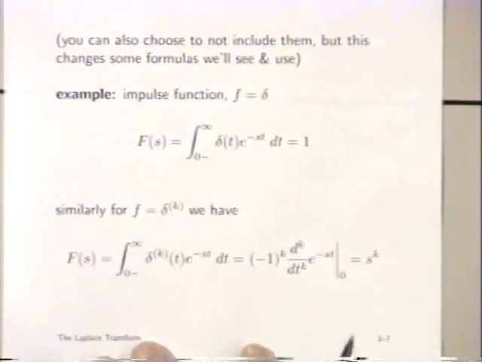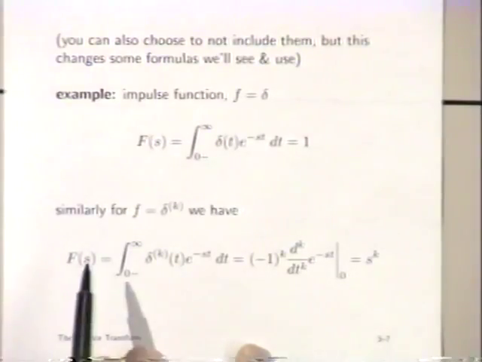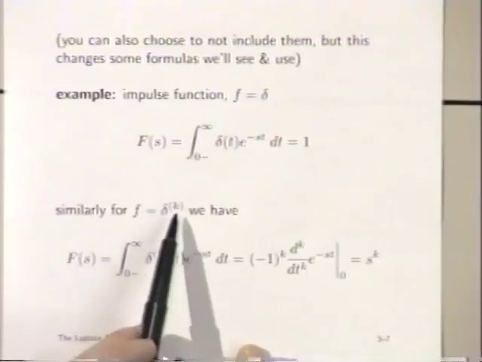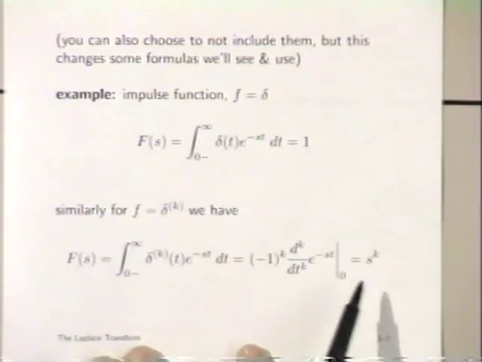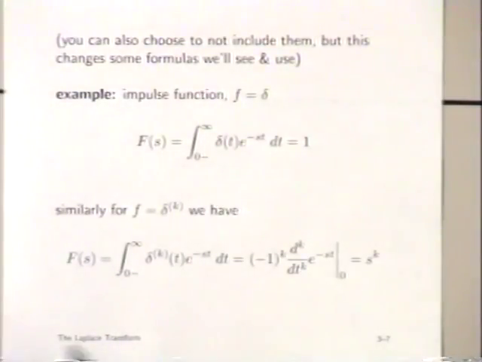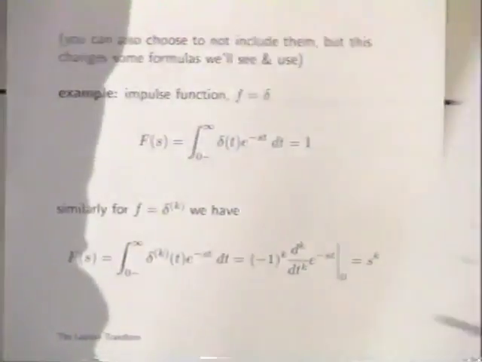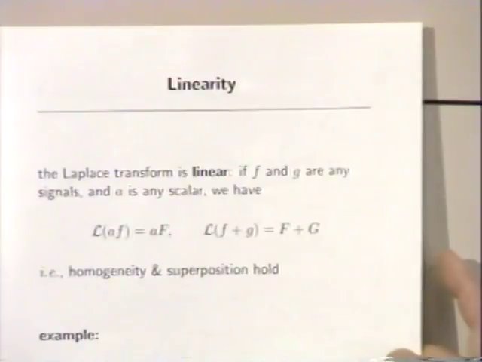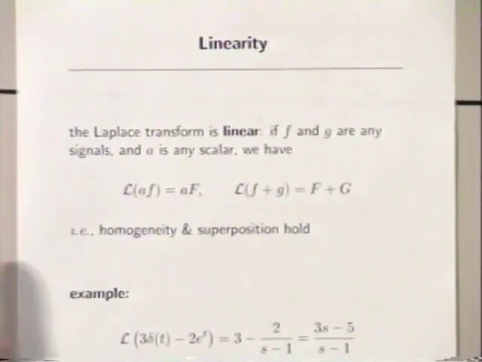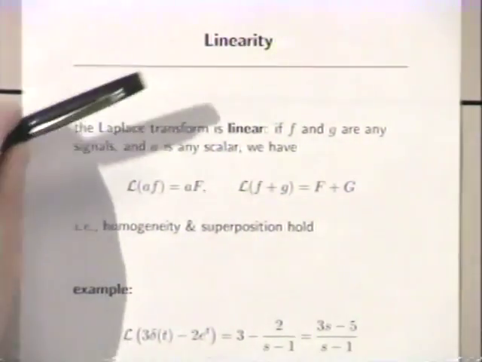And you will simply get s to the k. So the Laplace transform of a doublet, for example, that's delta prime, is precisely s. Okay? So these are the Laplace transforms of delta functions and their derivatives.